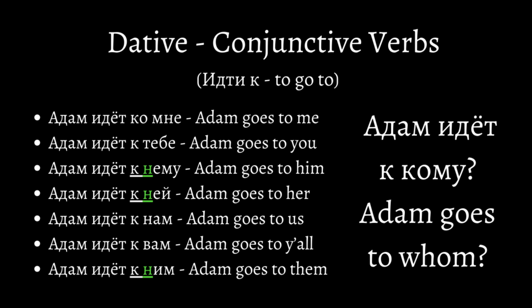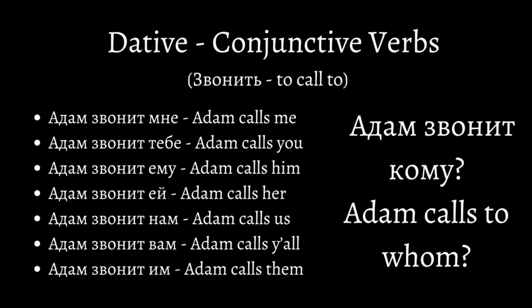Адам идет ко мне, к тебе, and so on. Here's the verb звонить. Адам звонит мне, Адам звонит тебе, and so on. The verb звонить is associated with direction because we can ask Адам звонит кому? Адам звонит мне. Adam calls to whom?